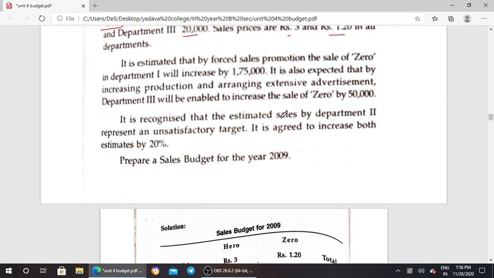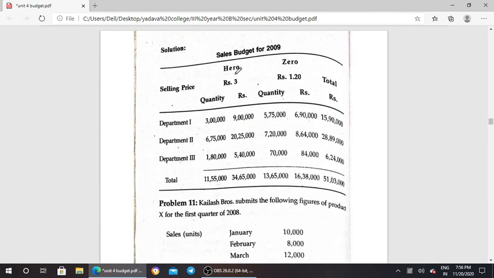So how to calculate all these things? Okay, so here there is information for Hero and Zero. The quantity they have given, just multiply by 3 for Hero and by 1.20 for Zero. 3 into 3 lakh, 9 lakh. For Zero, 5 lakh 75,000 is the quantity into 1 rupee 20 paise.